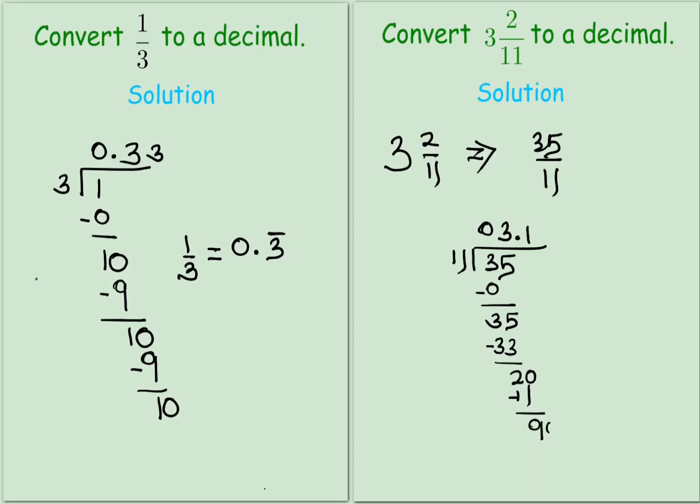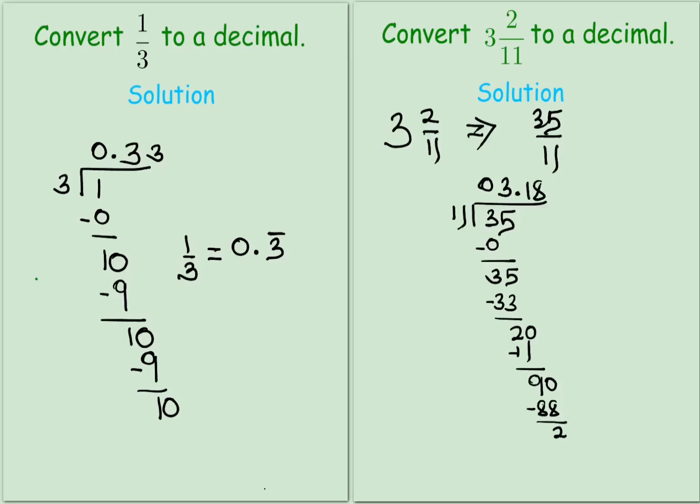Introducing another 0. 11 into 90, how many times? We have 8. And 11, 8, 88. If you subtract, you have a remainder of what? 2. You see? So with a remainder of 2, we can still proceed. Because we already have a decimal, we just put our 0 and continue again. 11 into 20, how many times?